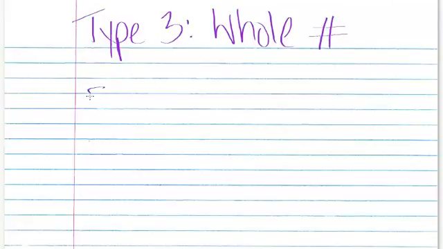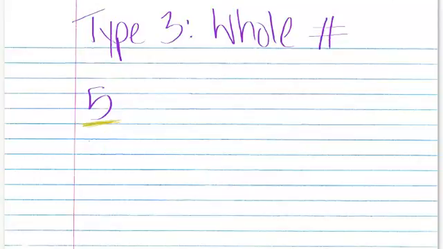Alright, this is the last type of fractions we're going to talk about. And this is type 3. And this is when we have a whole number. I'm going to use the pound sign for whole number, or the hashtags. Alright, a whole number is when you have a number and there is no bottom number. But now what we talked about in class was that underneath every whole number is this invisible 1.